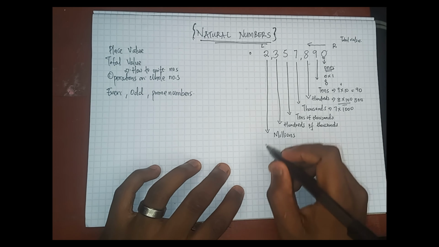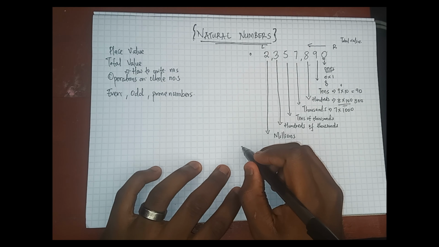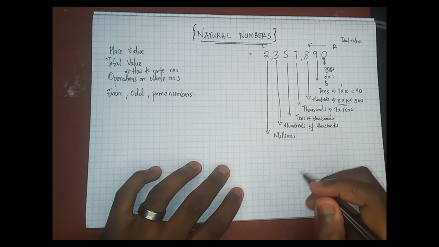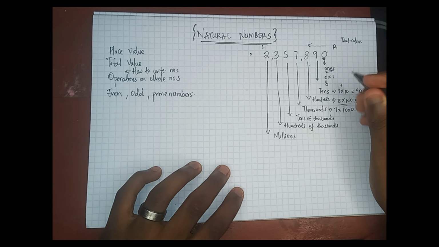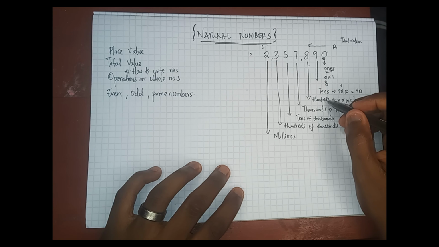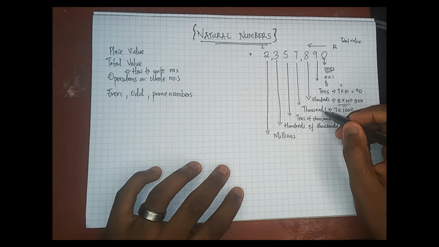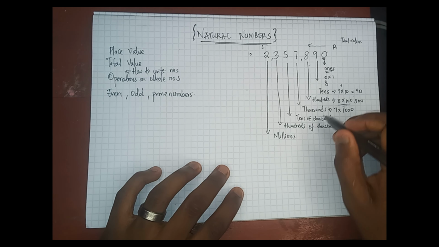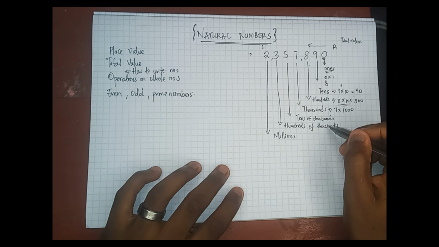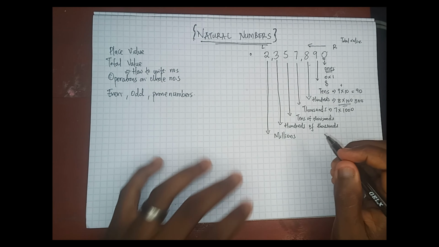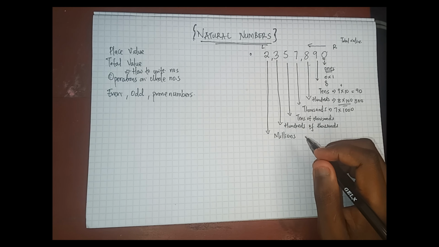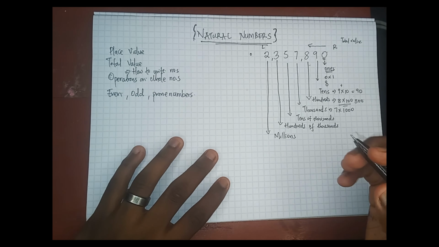Past millions kuna tens of millions, hundreds of millions, and so on. So utapata the first one is ones, tens, hundreds, then thousands. After thousands kuna tens of thousands, hundreds, then millions, then tens of millions, hundreds of millions, and then so on.